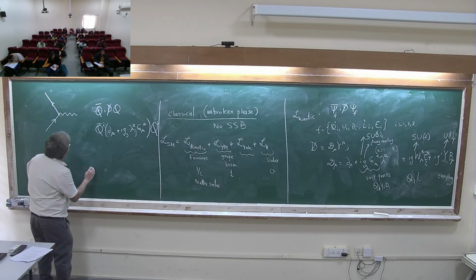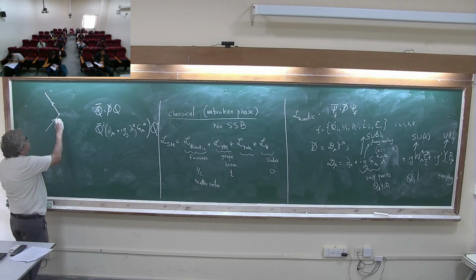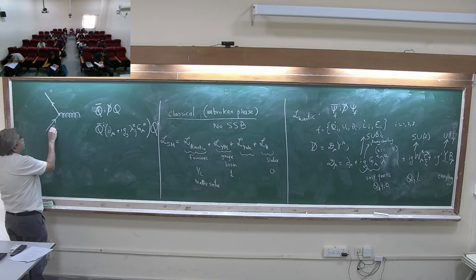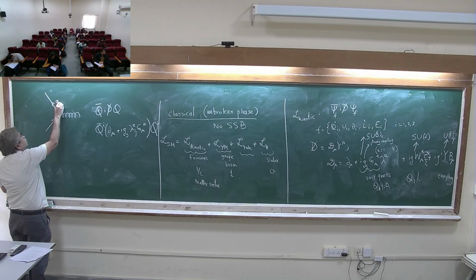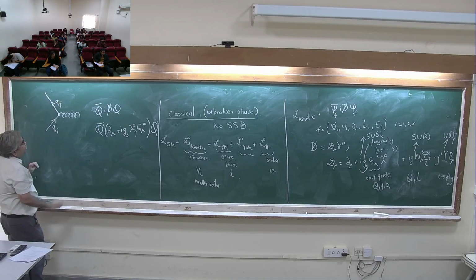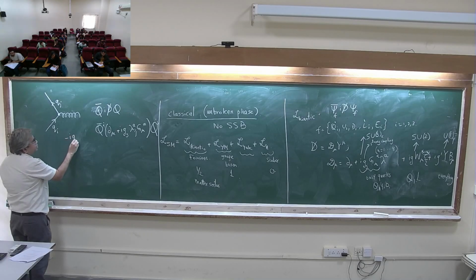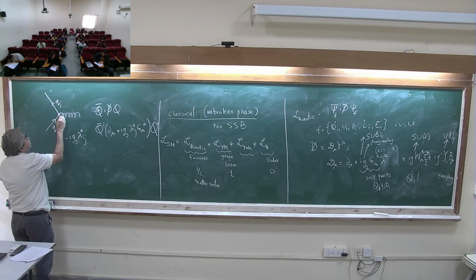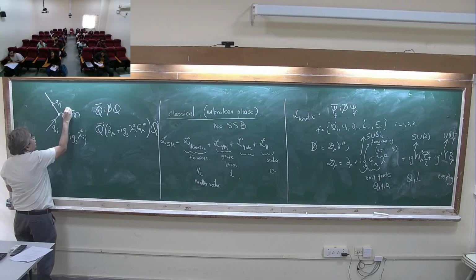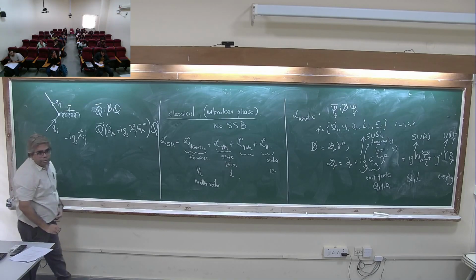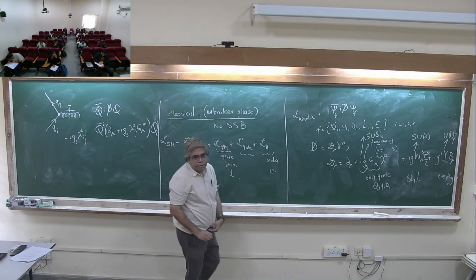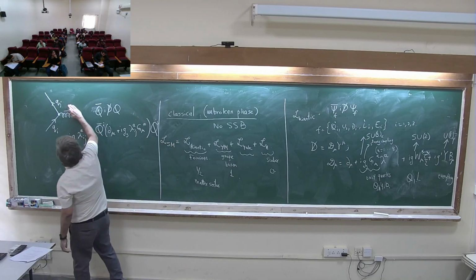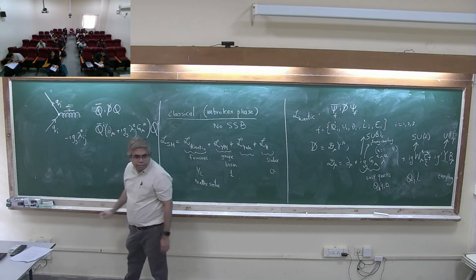If I write a vertex like this, the gluons are represented by this. So you have i coming in, j going out, and this vertex factor is minus i g s lambda ij with a, and the color index of this particular gluon you have to consider, sorry, j i bar.